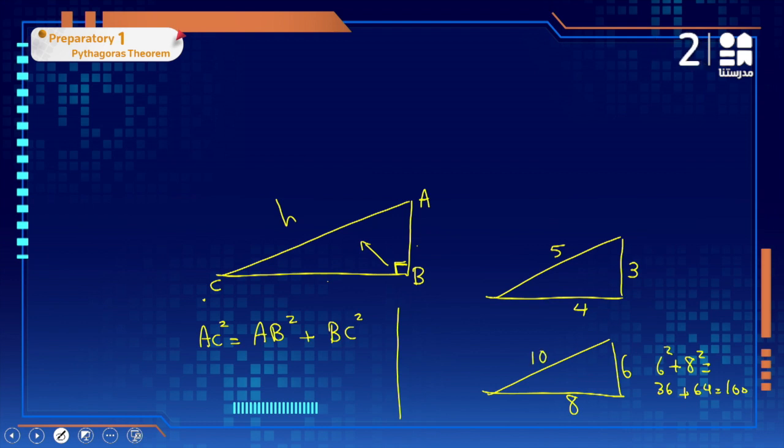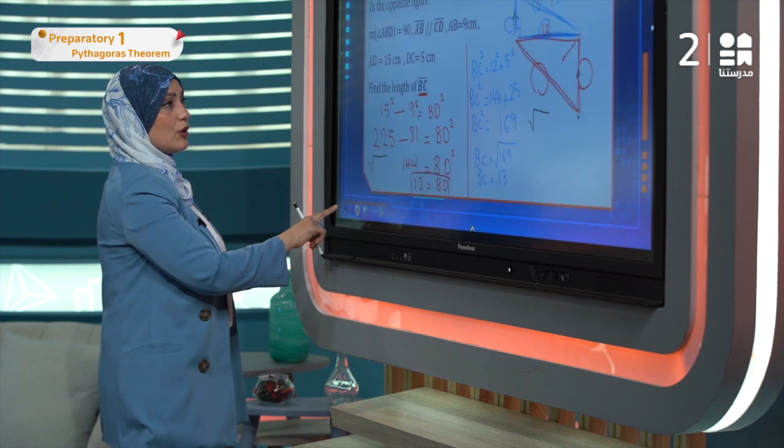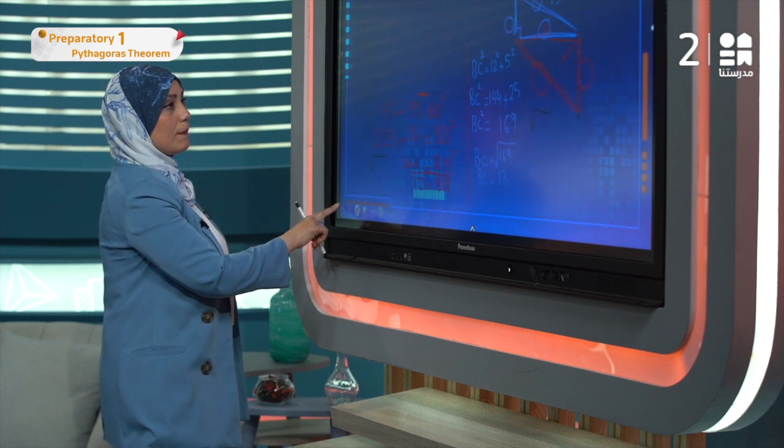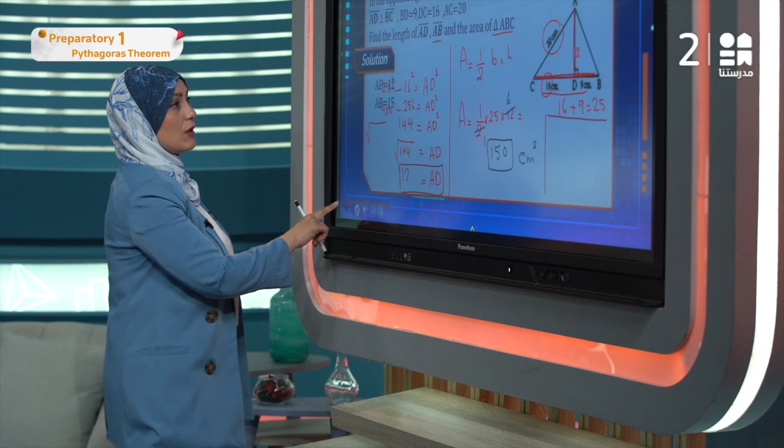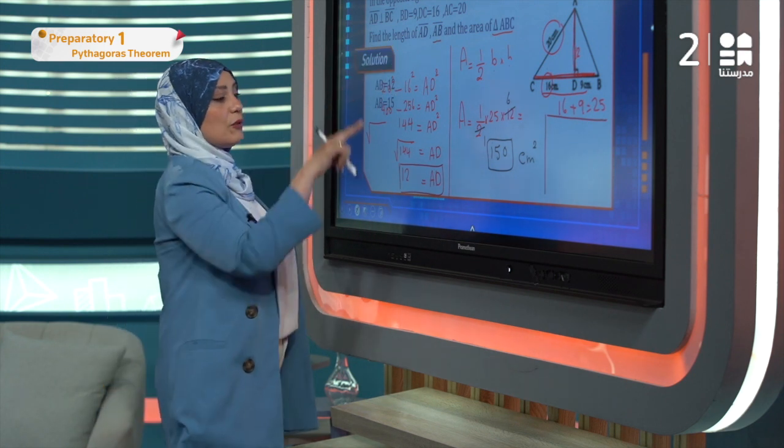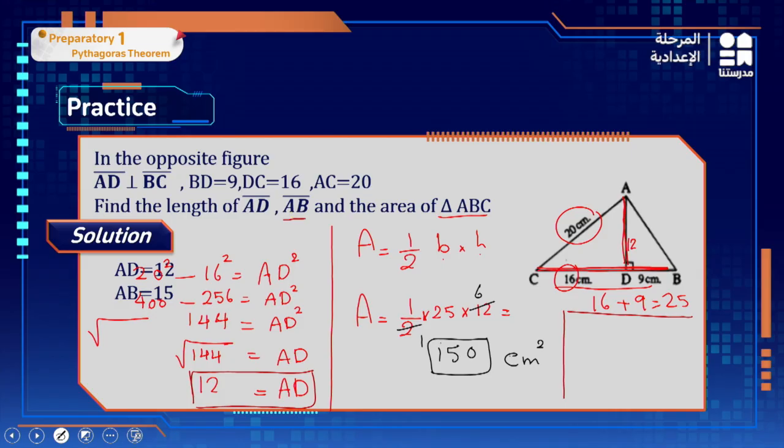Now let's return back to the previous slide to find the missing side, which is AB. We found AD, it was 12, and now we need to find AB. How can we find AB? Here we have this one. For AB, I know two sides from this triangle, which are 9 and 12. And the missing side is the hypotenuse on it.